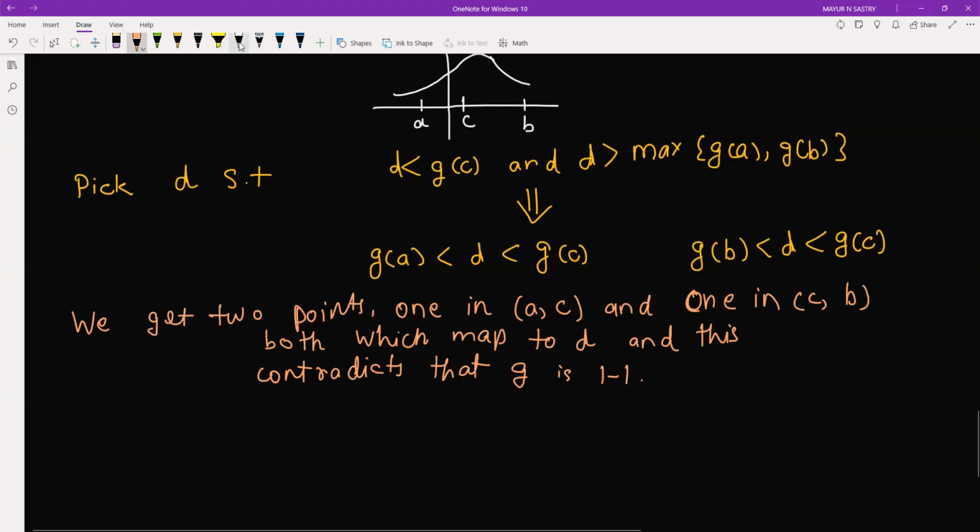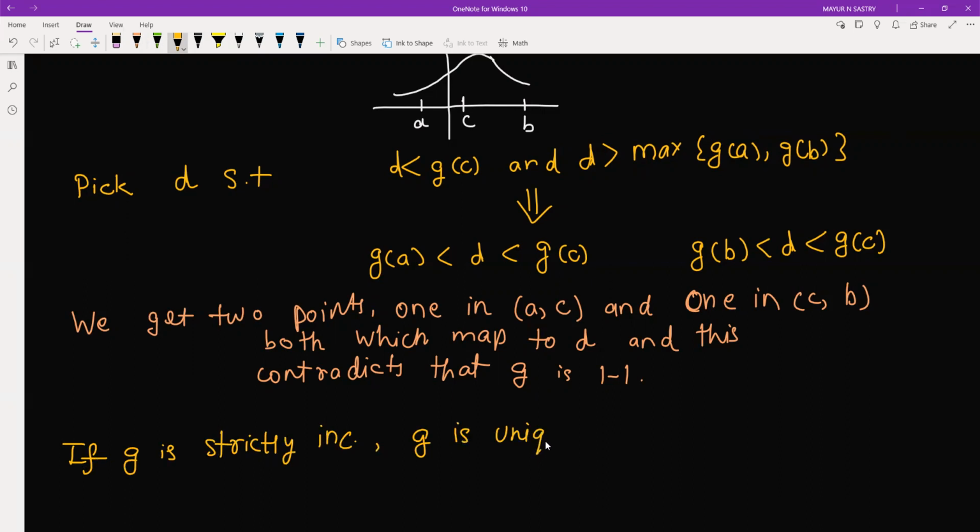The next part of the question asks us the following: if G is strictly increasing, we want to show that G is unique.